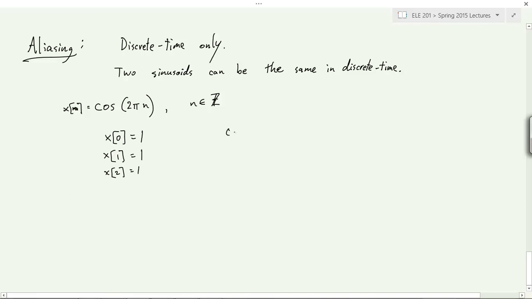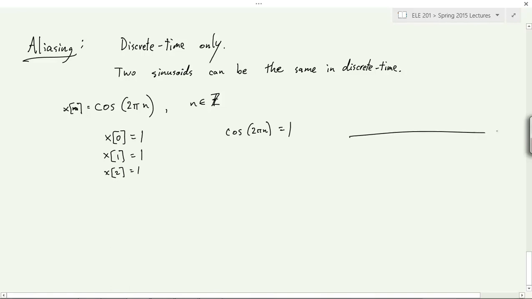Wow, it looks like cosine of 2 pi n equals 1. These 2 signals are equal. 1 is the constant signal, the 0 frequency cosine. They are, in fact, equal because we're only looking at integers n. So these are the same thing. There's no point in making any distinction between these. And this isn't the only example where that's going to happen.